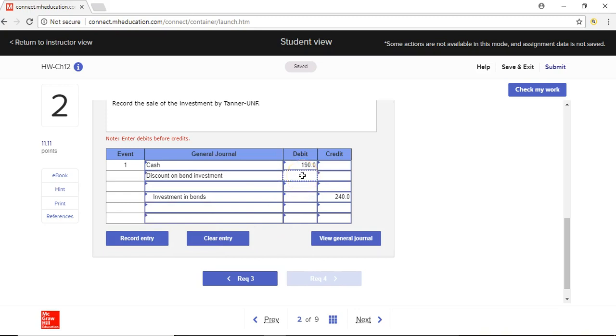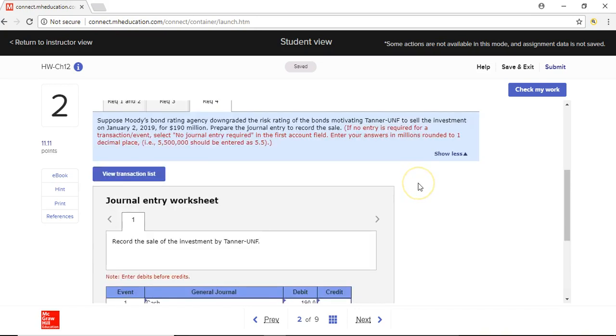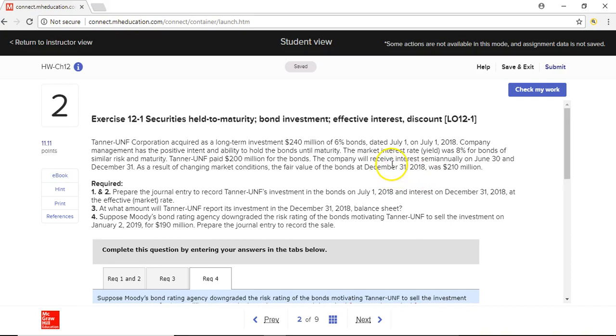And the amount will be the unamortized discounts. Initially, when the bonds were purchased, there were discounts on bond investment of $40 million. It's calculated from the face value of the bonds and the cash we paid to buy the bonds.